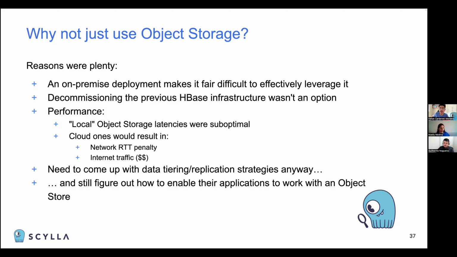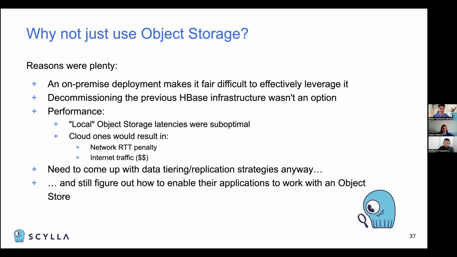That's a fair question. And we also wanted to understand the reasons behind it. First, remember that they were running on-prem rather than in the cloud. And second, they didn't really have the option to decommission their previous infrastructure used by Apache HBase.